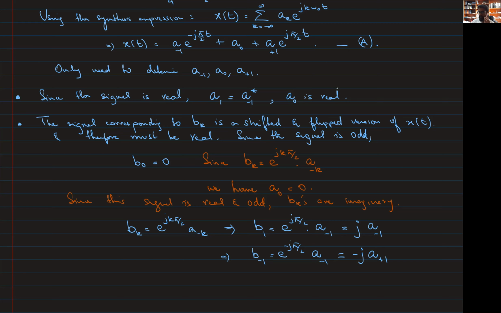Once again, if I know that B1 is purely imaginary and B1 equals j times A minus 1, what can I say about A minus 1? Somebody other than Daniel? Usman?